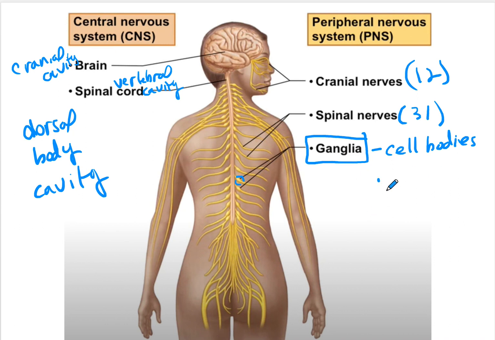If you remember, a nerve cell looks like this. We talked about nervous tissue way back in chapter 4. There's a cell body, and here's the axon, and here's the axon terminal.